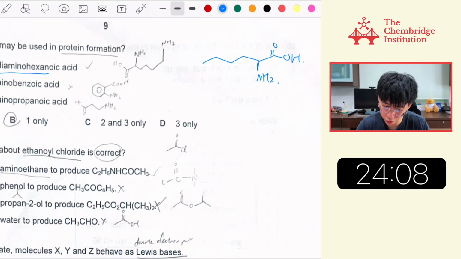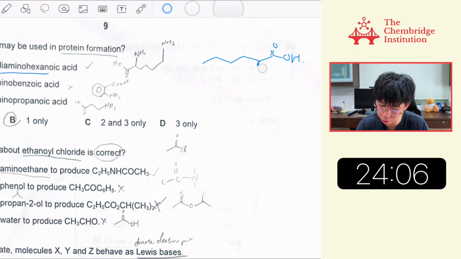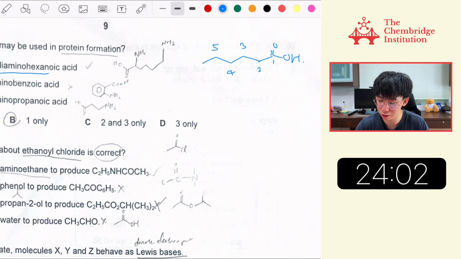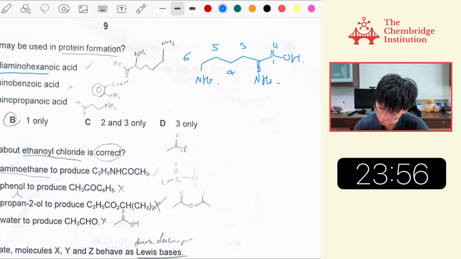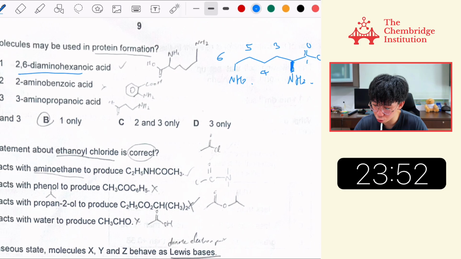Oh, it's just an amino acid. So then why is it in the 6th position? Oh, no. Okay, so it's the 2 and 6th position. I forgot this is 1, 2, 3, 4, 5, 6. Okay, so this is just NH2 and this NH2 over here. Bit rusty.